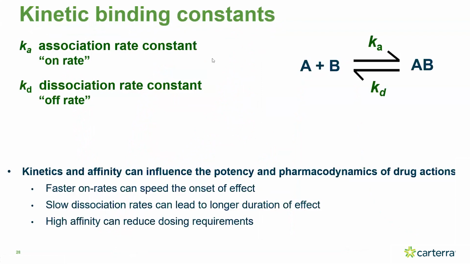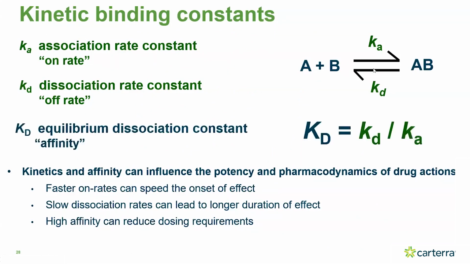So what are the rate constants that we're recording, and how do we observe them? The fundamentals of this is we have a simple one-to-one interaction where A plus B forms the complex AB. And this happens in a reversible orientation where we have the ka, which is the association rate constant or on rate, driving the formation of that complex, and then the dissociation rate constant, the off rate, or the little k, little d, driving the dissociation.